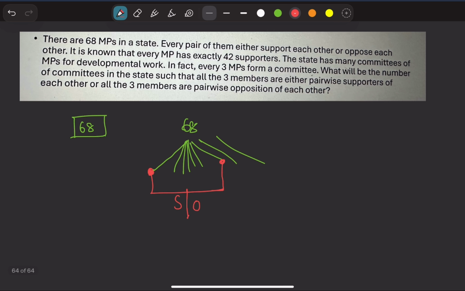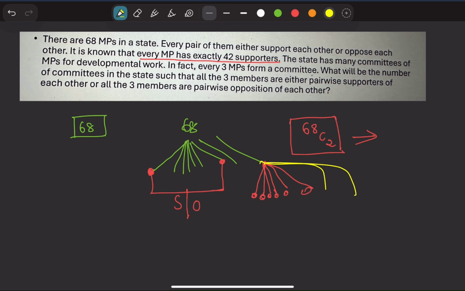So you can select any two people in 68 C2 ways, and each pair will be either supporting each other or opposing each other. It is also given that every MP has exactly 42 supporters. If you consider one MP, this MP will have exactly 42 supporters. So all the remaining people will be in opposition to him.